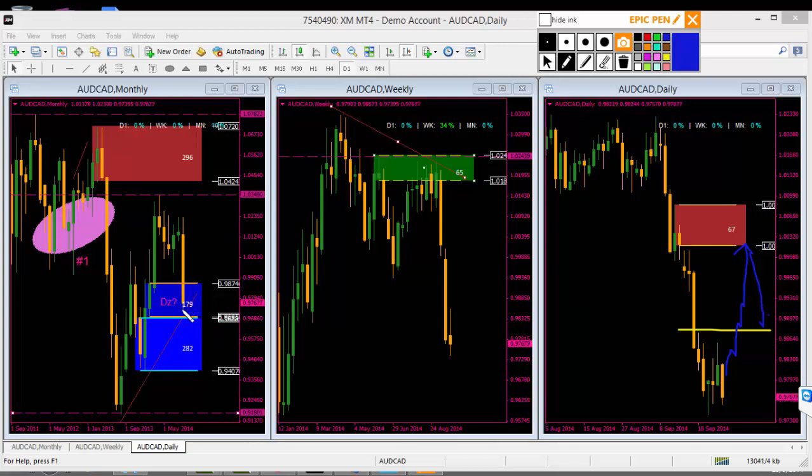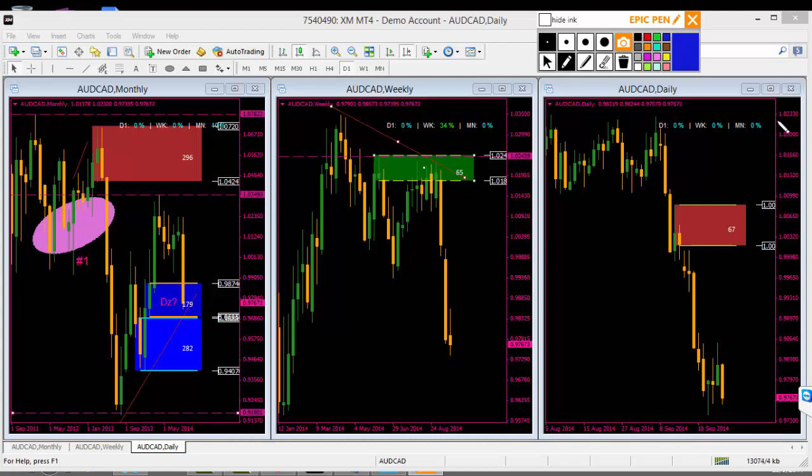Because the price is currently already in the monthly demand zone. So when you do market analysis, it is good that you put all three time frame charts side by side.